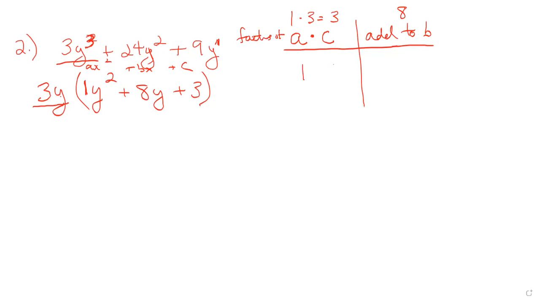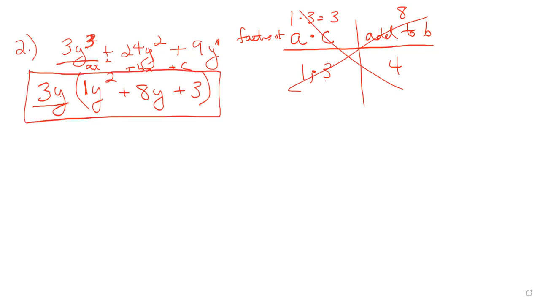Well, I can multiply 1 times 3, right? That's pretty much it. So 1 times 3, if you add those together, you are not going to get 8. You're going to get 4. So what that tells me is, no, this doesn't work for this particular problem. So this is my final factored answer. So 3y times y squared plus 8y plus 3. I can't do anything else with that.